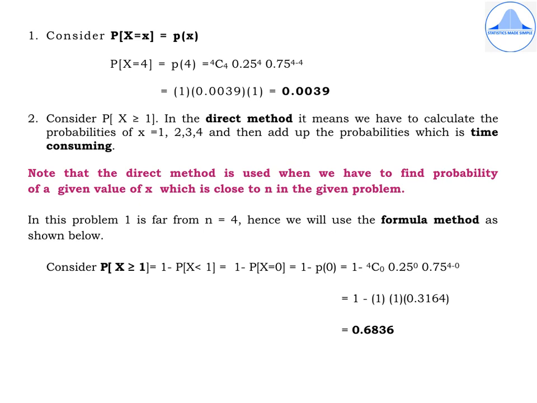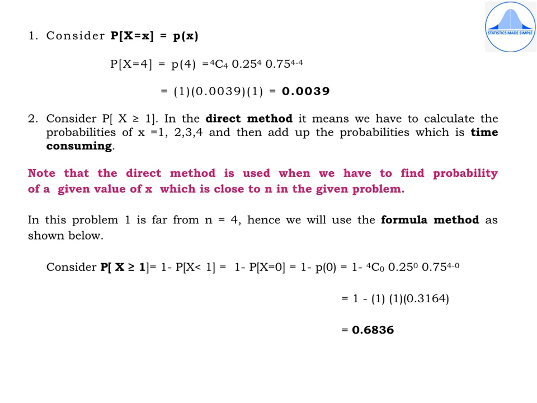You start with whatever is asked in the question. You consider probability of x greater than or equal to 1. Now this can be written as 1 minus probability of x less than 1. So now observe the inequality on the left hand side.